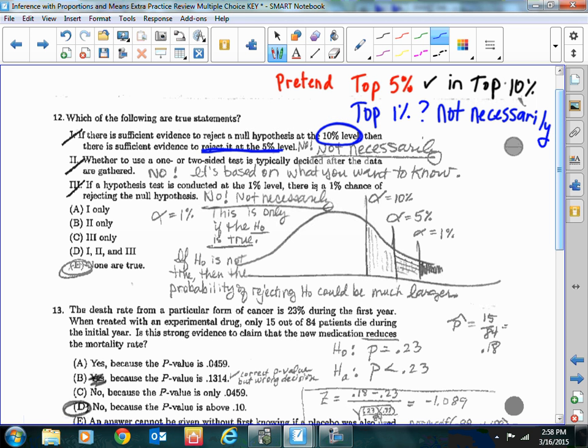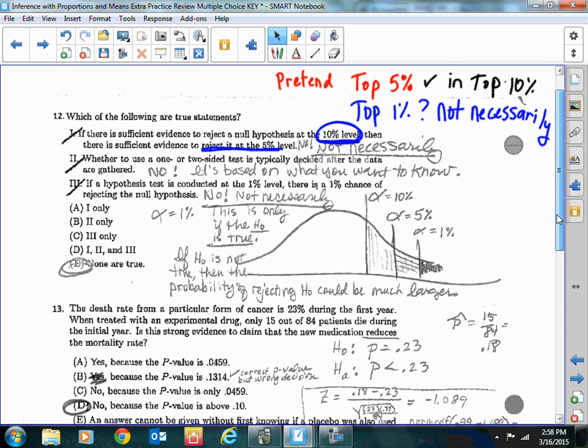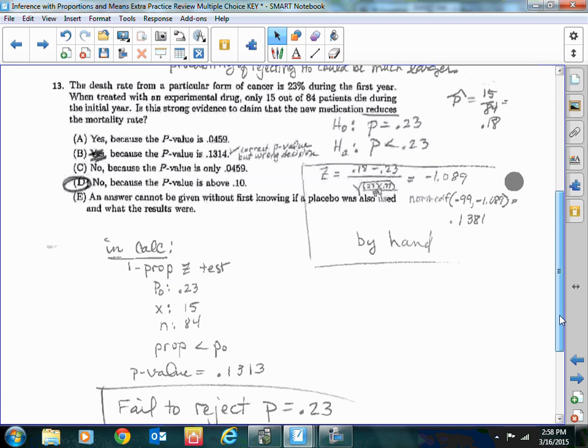Oh, well, in this case, actually, it says that they reject at the 10%. Are you able to reject at the 5%? And again, same thing, not necessarily, because just because you're in the top 10% doesn't mean you're in the top 5%.